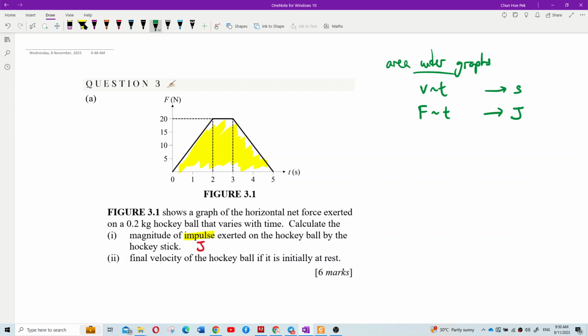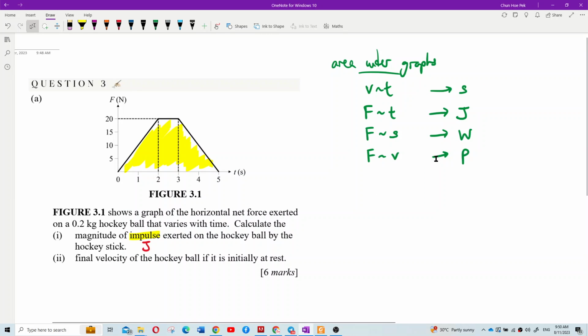J is impulse. Force displacement is work done. Force velocity is what? Power. Okay?